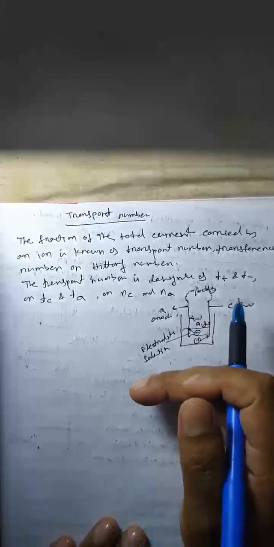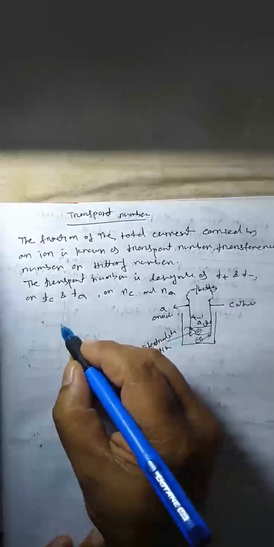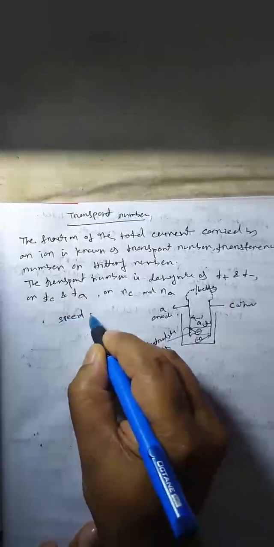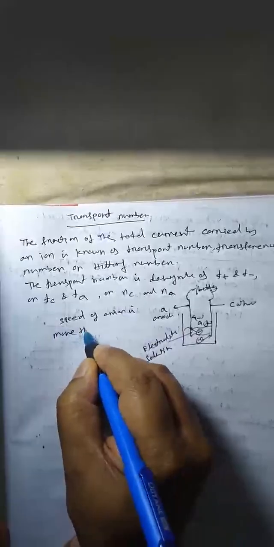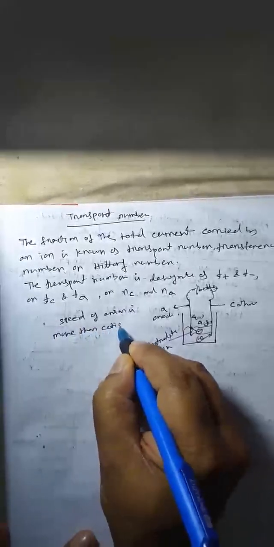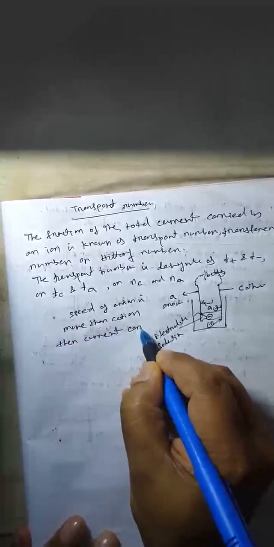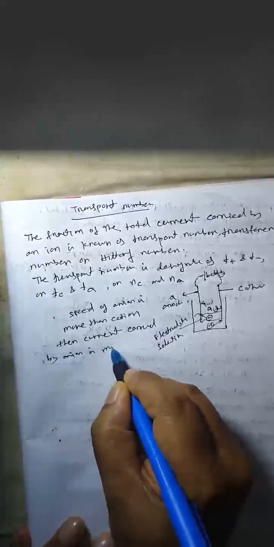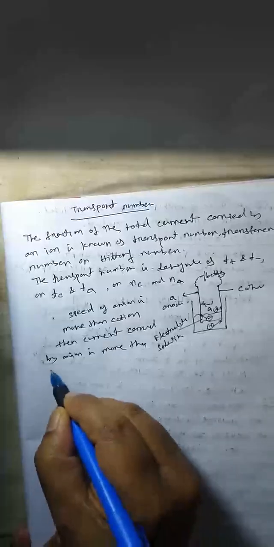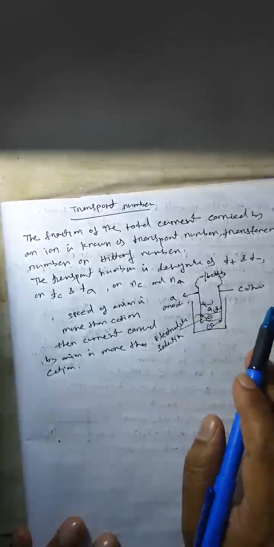If the ion speed is more, then it will carry more current. Suppose the speed of the anion is more than the cation, then the current carried by the anion is more than that of the cation, because the speed of the anion is more than that of the cation.